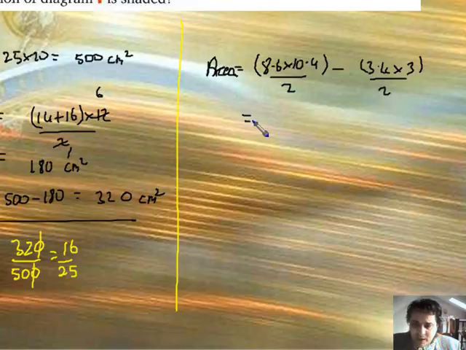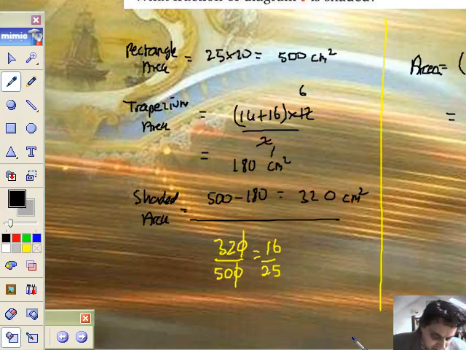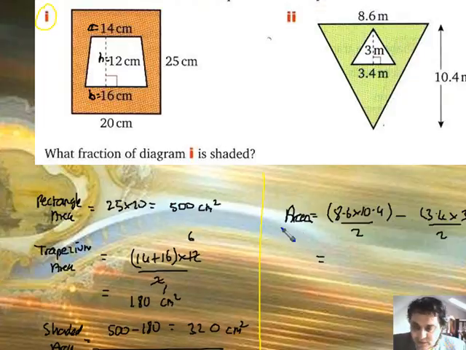Let's pick up our calculator. Right, 8.6 times 10.4 equals, divide that by 2. No, I've made a mistake, I pressed the wrong buttons. Right, 8.6 times 10.4 equals, that's better, divide that by 2. I've got 44.72 there. I'm not going to round anything off until the end.